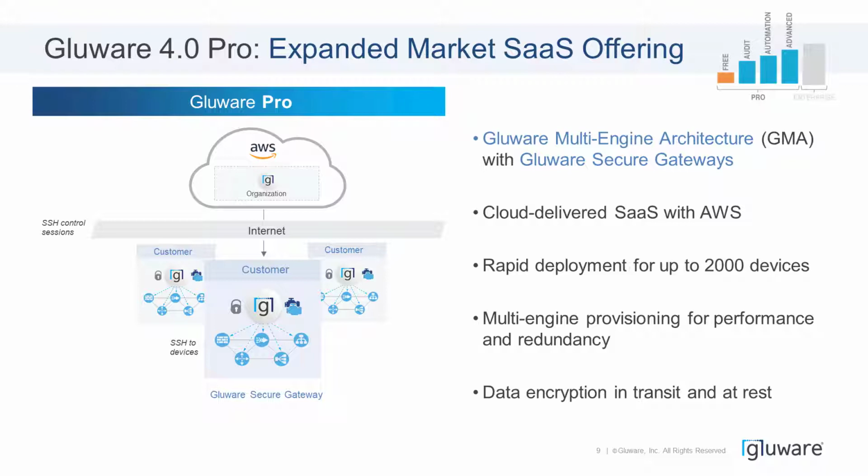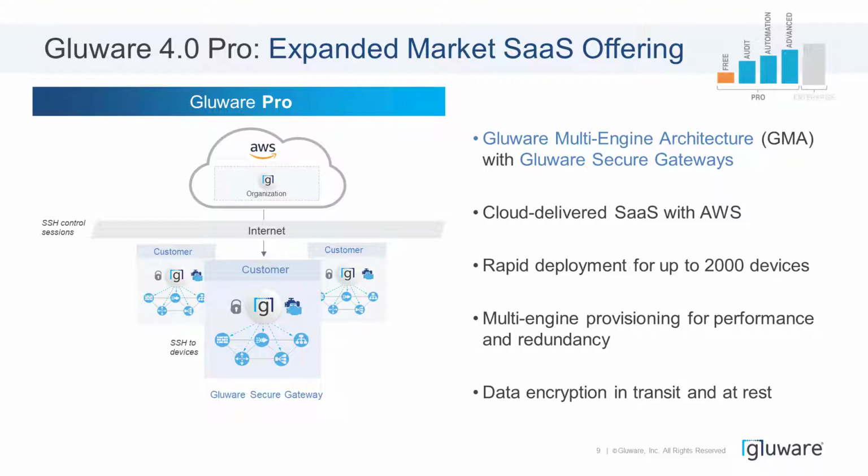Now, the multi-engine architecture component Gluware brings is called the Gluware Secure Gateway. So Gluware Secure Gateway is like a Zone Engine. However, it is allocated into one customer network only. You install your virtual appliance, which is your Gluware Secure Gateway, and you put your credentials in.